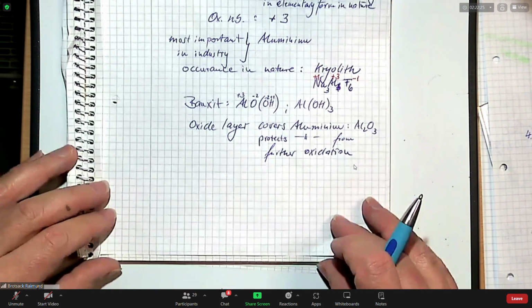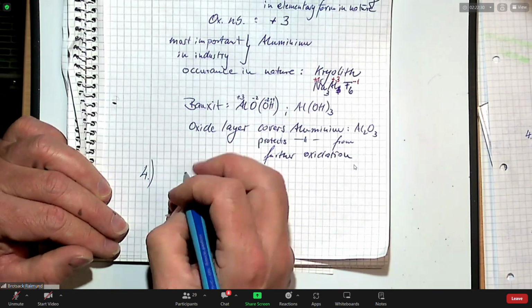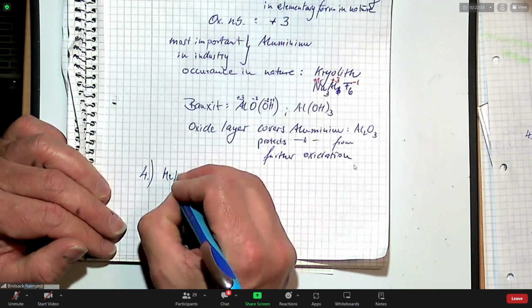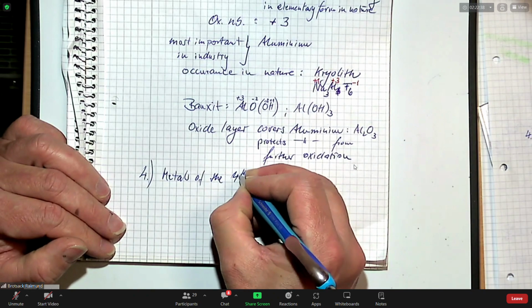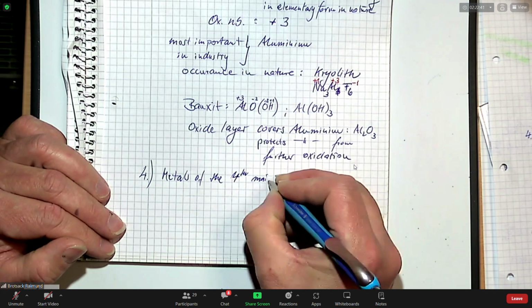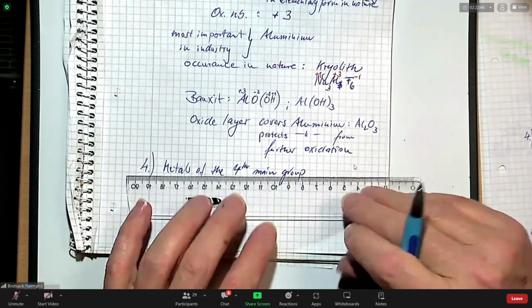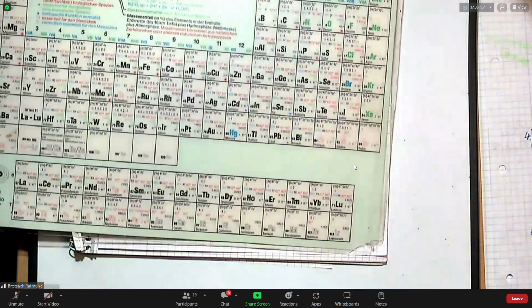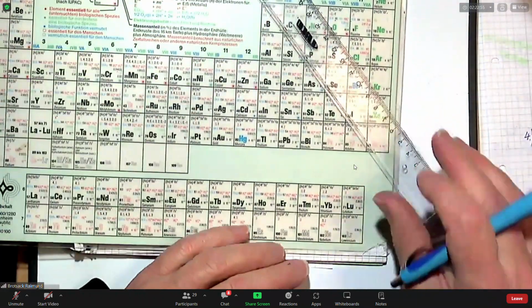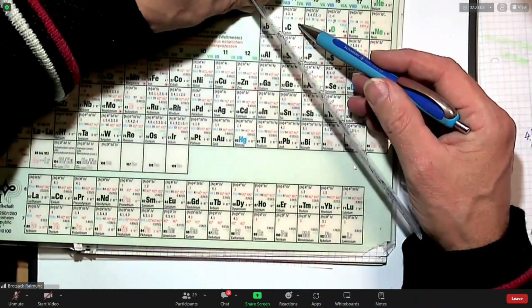Now go on in the fourth group, metals of the fourth main group. When we look at them, remaining again, the transition area, so silicon will not be, carbon of course is not a metal, it's already above, it's a non-metal.